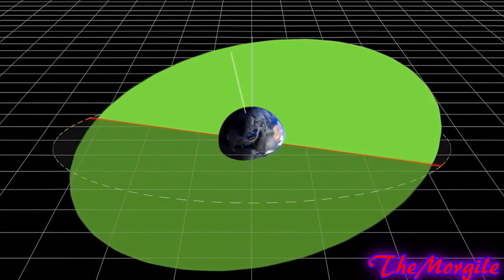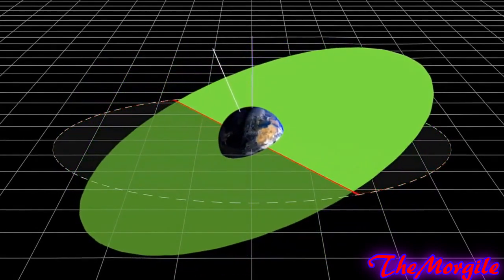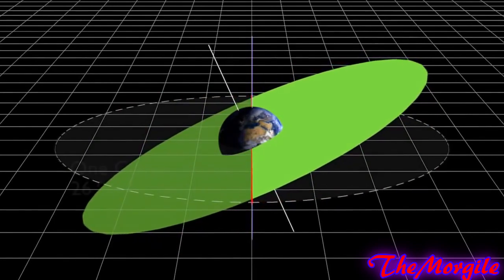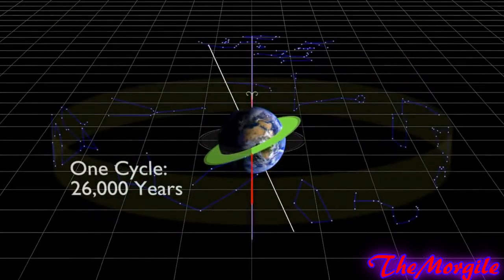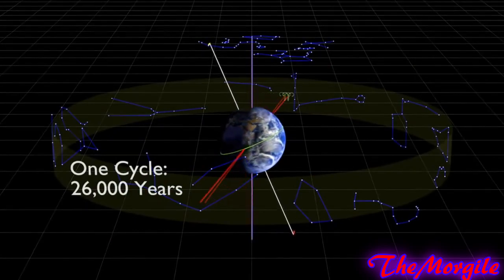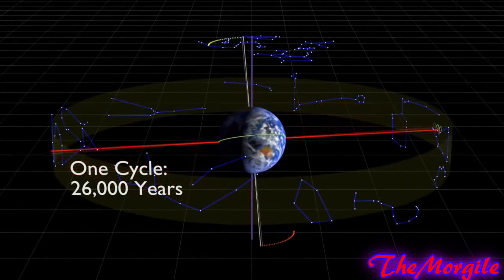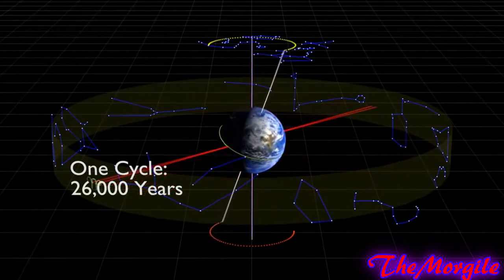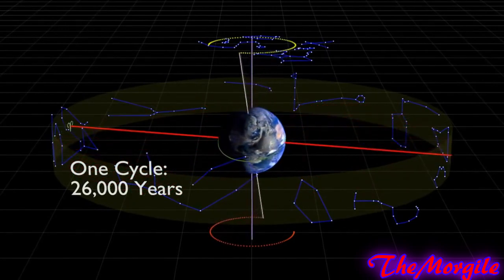Hipparchus estimated it at a rate of 1 degree per 100 years, and Ptolemy corrected that through further observation that it was 1 degree every 72 years. And that makes sense because the whole thing is a 26,000 year cycle.